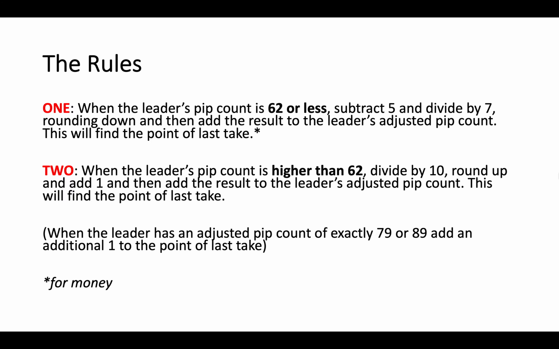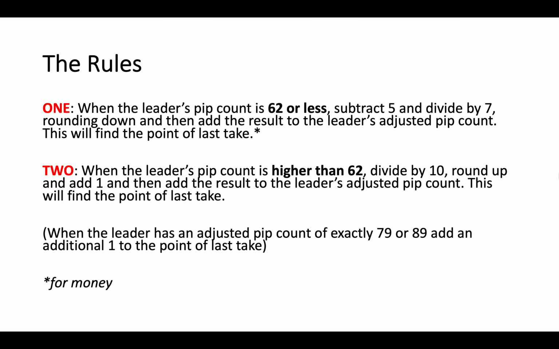Firstly, when the leader's pip count is 62 pips or less, or fewer I should say, you subtract 5 from that amount and divide that by 7, rounding down, and then add the result to the leader's adjusted pip count, and that will find the point of last take for the opponent.